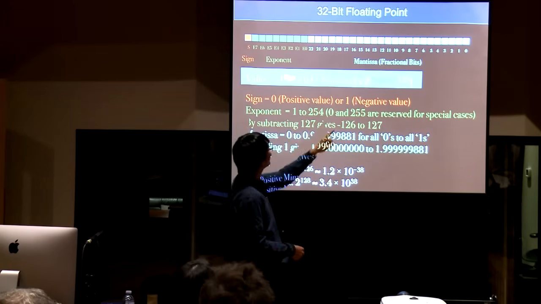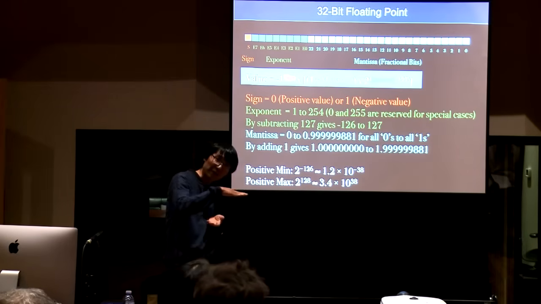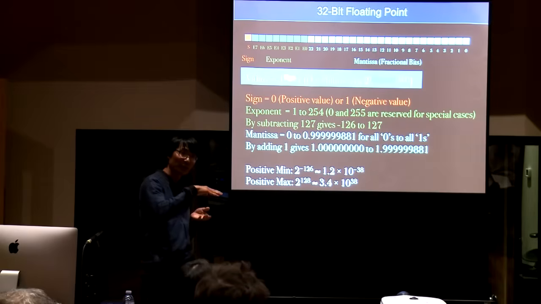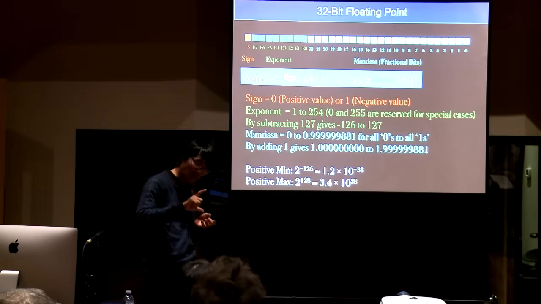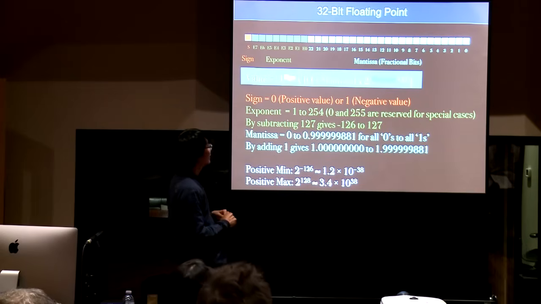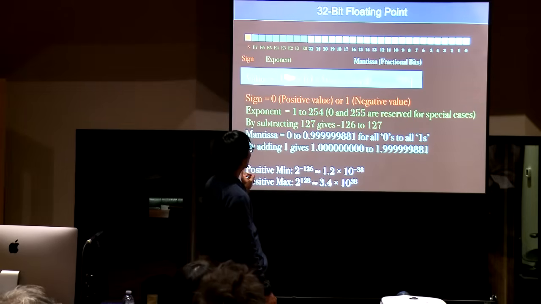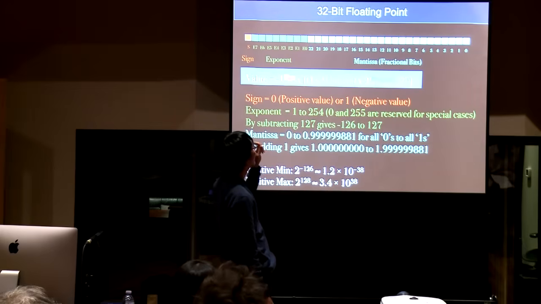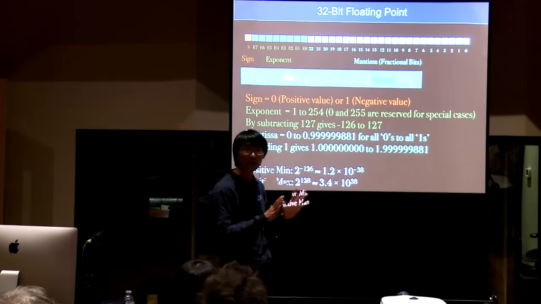And to get the real exponent, you subtract 127. So you subtract about half of the 255, so you get half positive and half negative for the exponent. So the maximum positive exponent is 127, and the negative is minus 126. So far okay? Still with me?